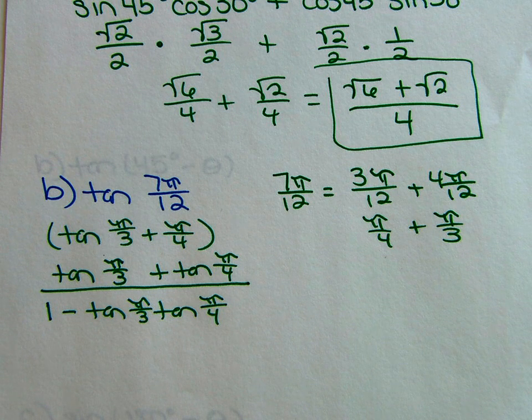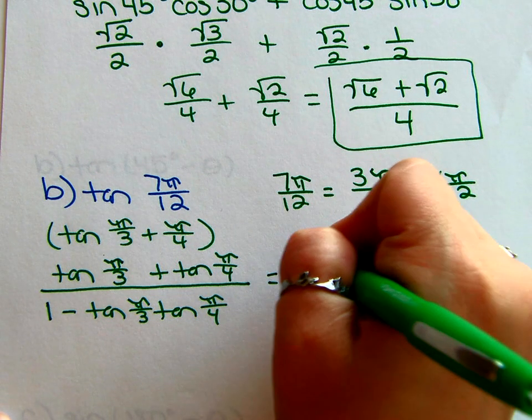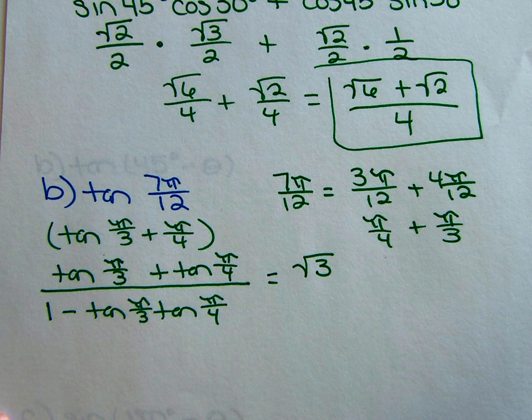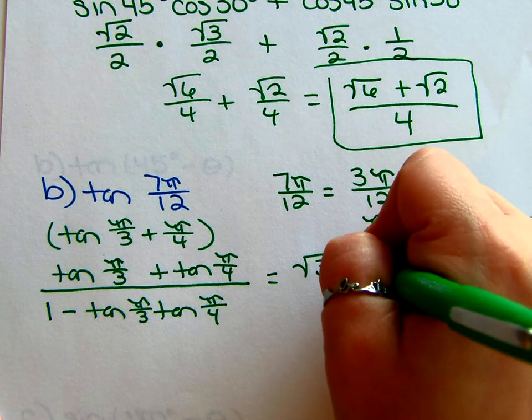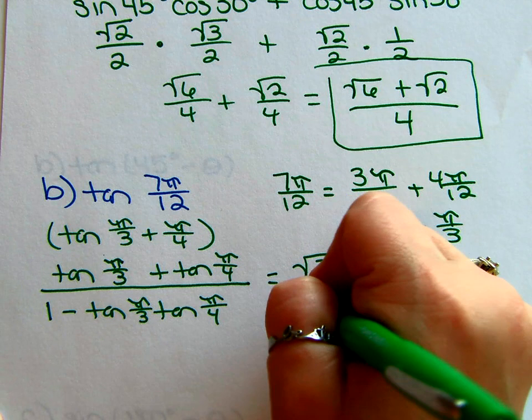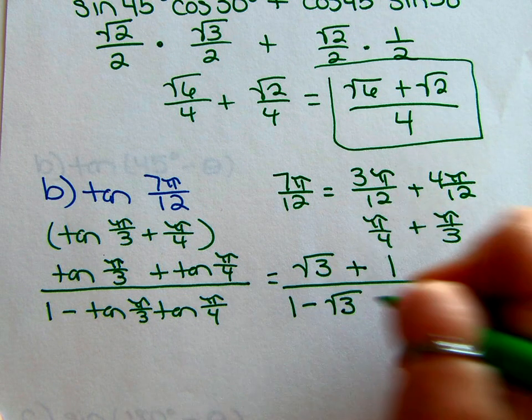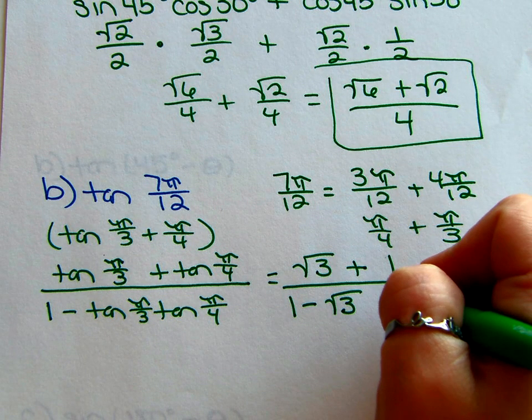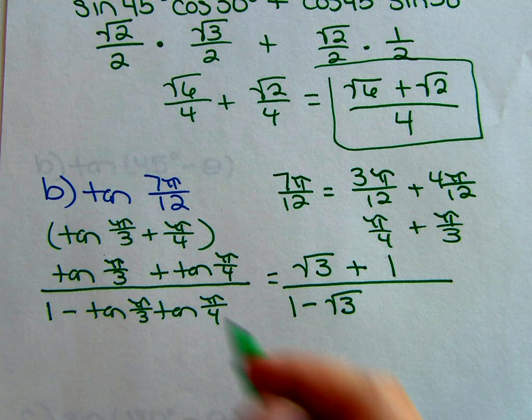What is tangent of pi over 3? Square root of 3. And what is tangent of pi over 4? 1. So we have 1 minus square root of 3 times 1. I'm not going to write the times 1, though, since this goes to 1.